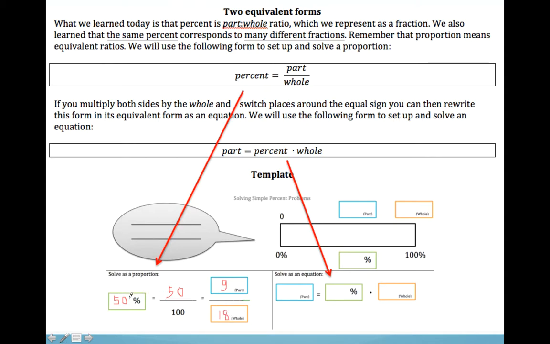Remember, part over whole is the same as our percent. 50% is 9 over 18, or 50 out of 100.